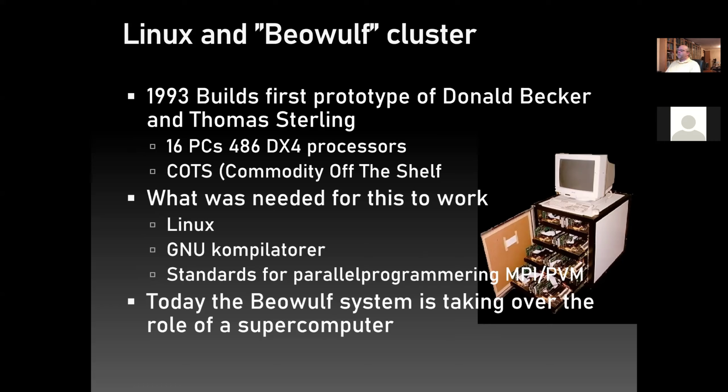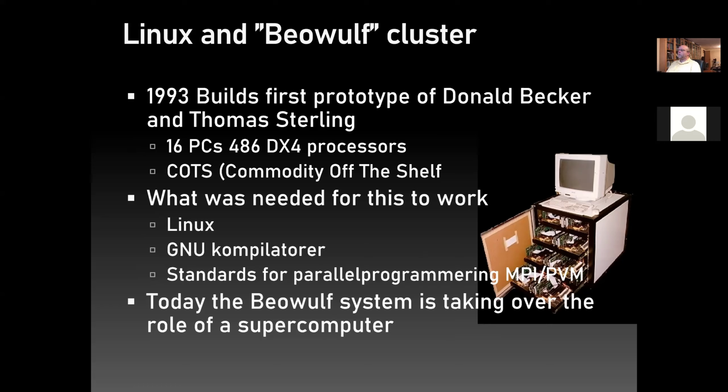Another important aspect is that there were free compilers that can take your C code and compile it for this architecture. The third component was a standard way of communicating in parallel programming with messages. This standard was called MPI, and it was open source and could be integrated in the system. By using this technology, they built a really cheap cluster, or supercomputer.